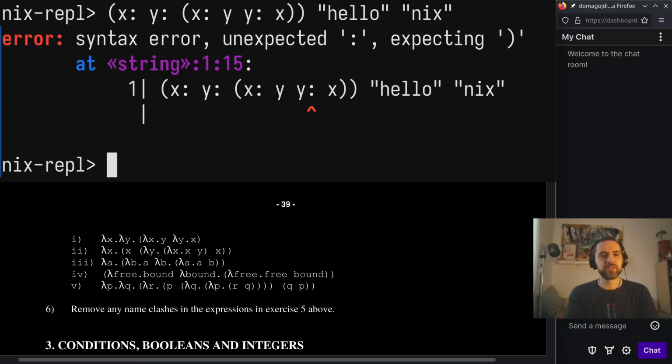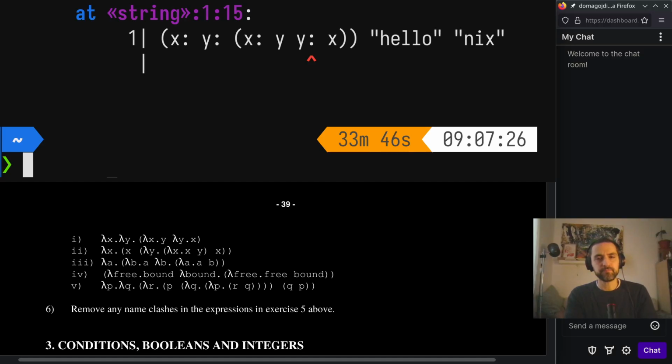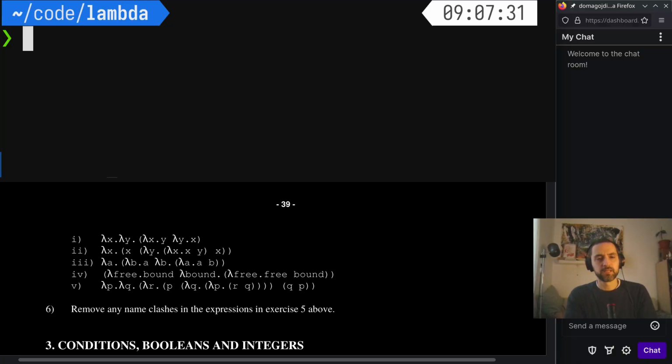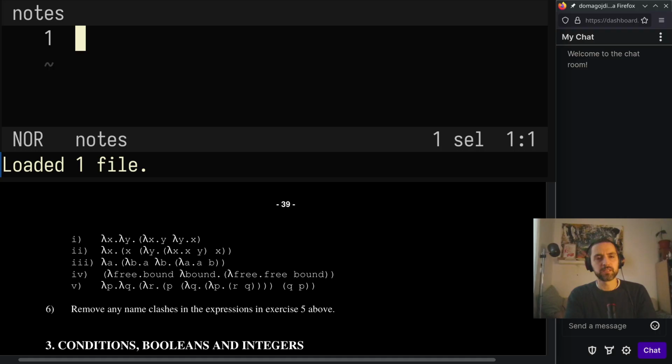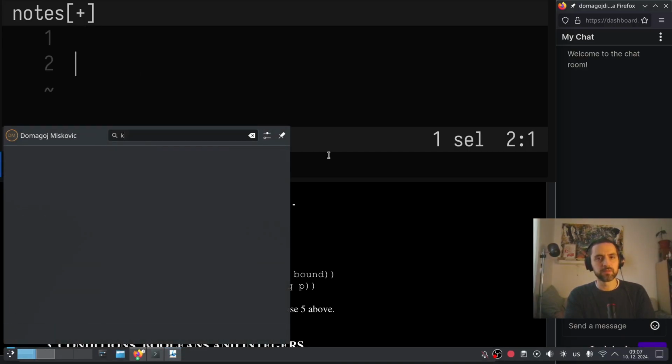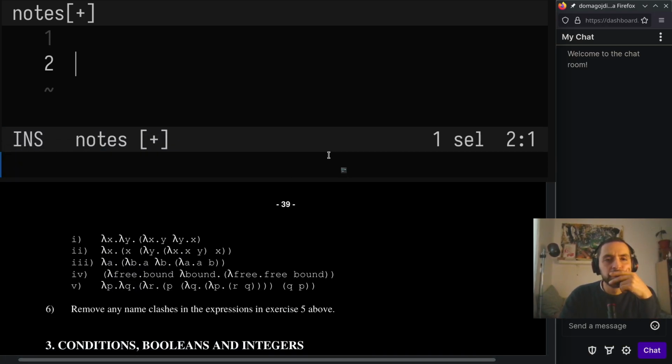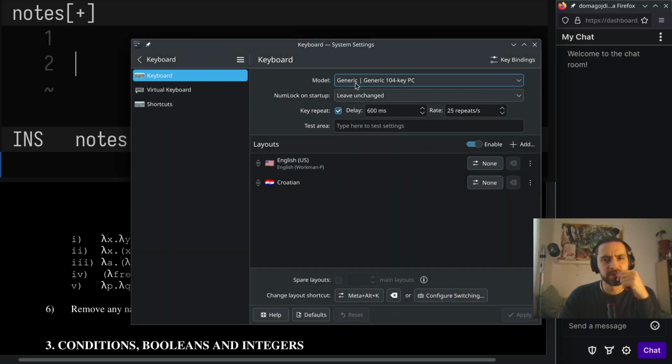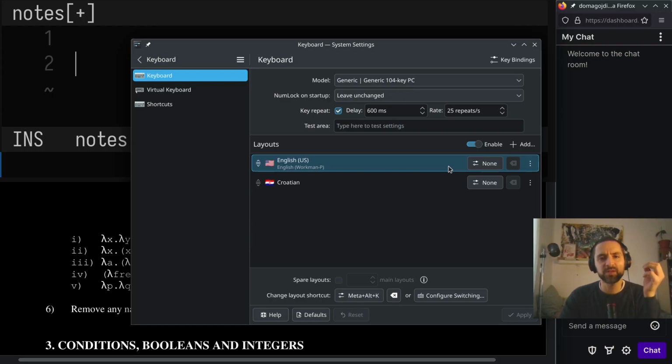Okay. So let's try to do it then without... let's open up Helix notes. Okay. So what do we have? Oh, I didn't fix this thing. Keyboard. I have to change this. Did I change some stuff here? Configure switching. Because I enabled, there's this problem with remapping keys, caps lock, and it somehow doesn't work. Caps lock keeps on being backspace. Did I change it actually?